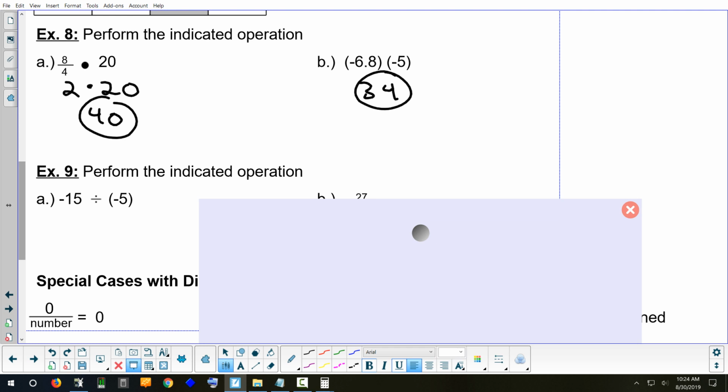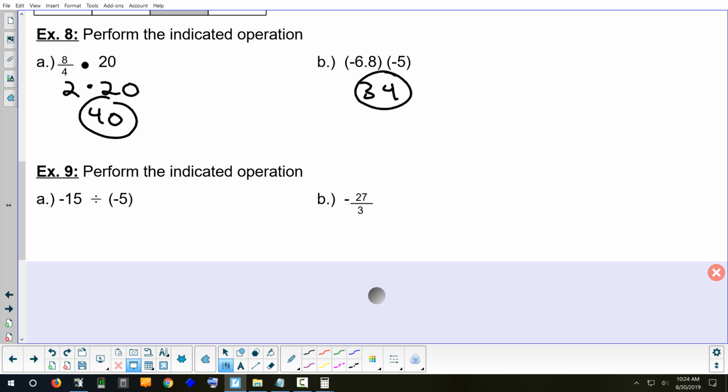Let's try a couple with division. Negative 15 divided by negative 5. A lot of times in algebra, you're not going to see it that way. You're probably going to see it this way. Is that different? No, that's the same thing.